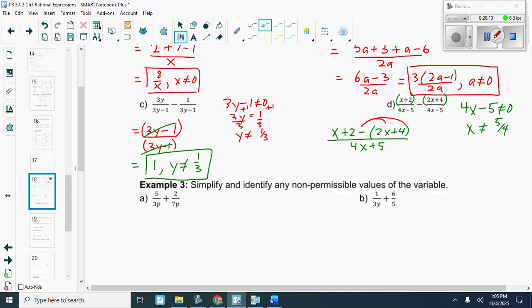Whether you write it all out like this, or you just see that you're distributing at this point, that saves you a line. Either way, we've got x plus 2 minus 2x minus 4 all over 4x plus 5. And the x's, what do we have? We have a negative x and we have a negative 2.